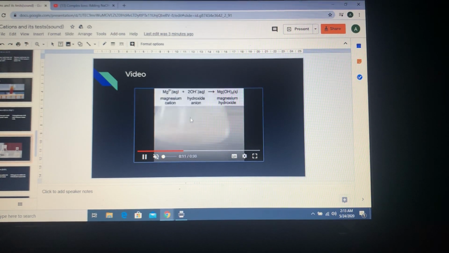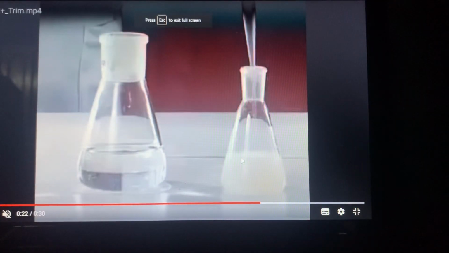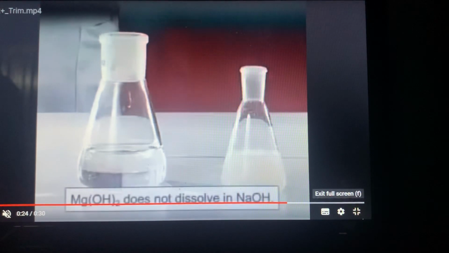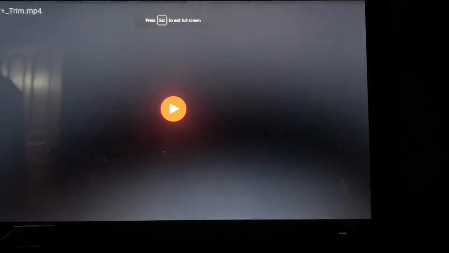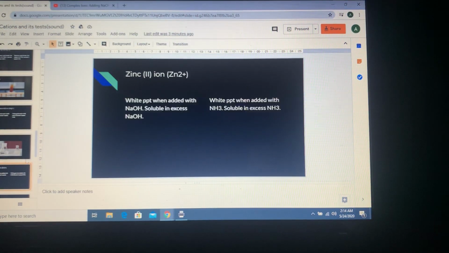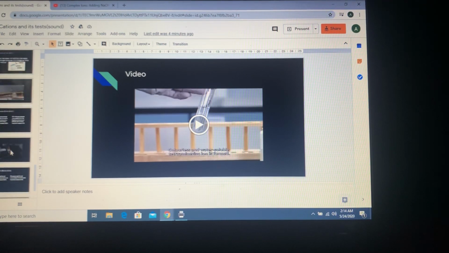So white PPT is forming, as you can see, and when the person has added excess, which is right now, the person is adding the NaOH in excess, the PPT still remains here. So the excess sodium hydroxide does not make the white PPT dissolve.